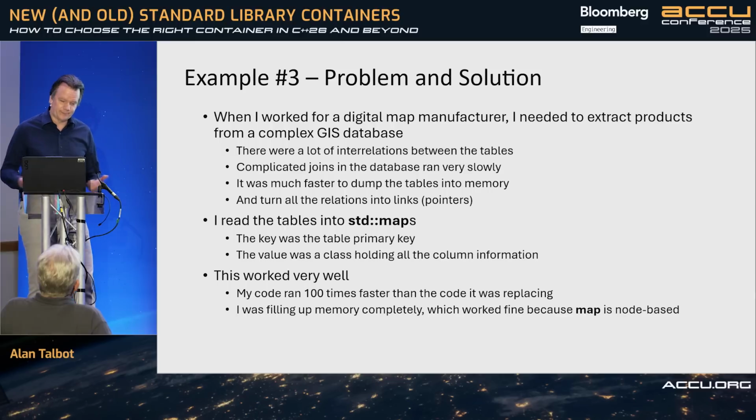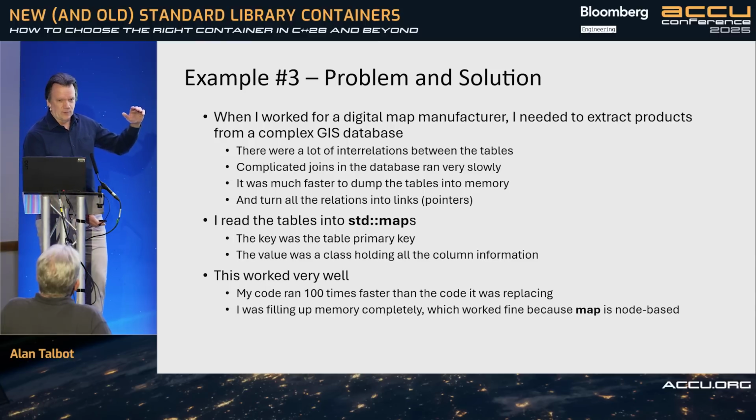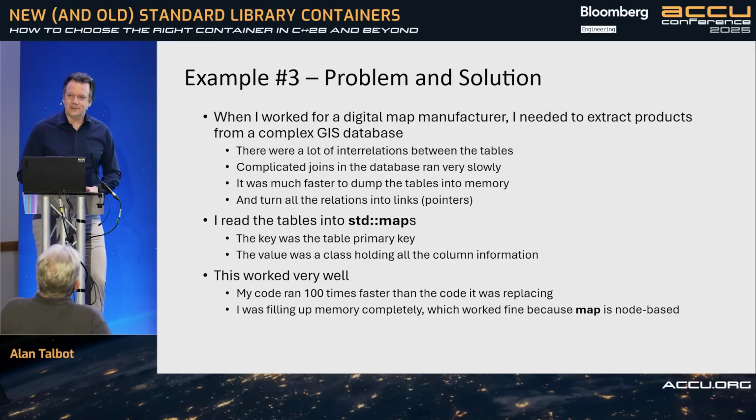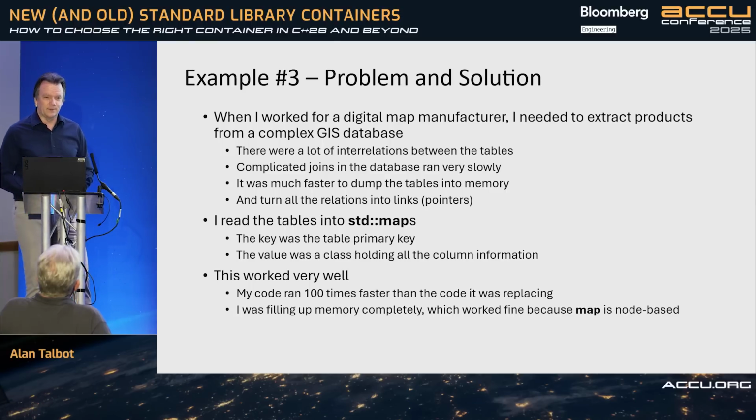So I used maps. And the key was the primary key of the table, and the value was whatever row object I created that has whatever I need. And it worked great. And I got the time down from 3 weeks to 8 hours, which was kind of game changing.